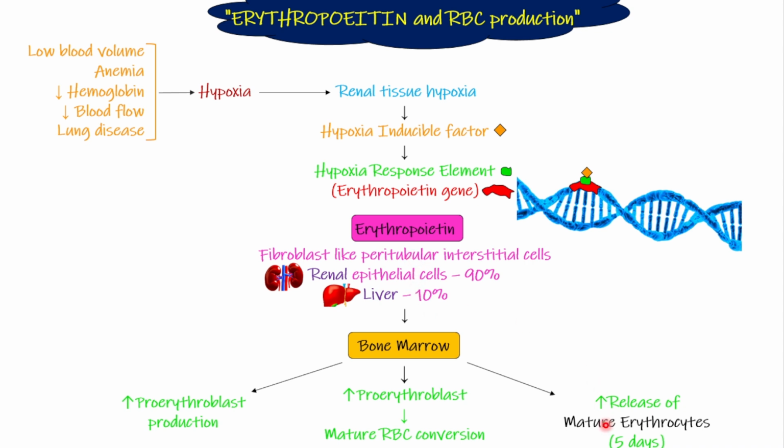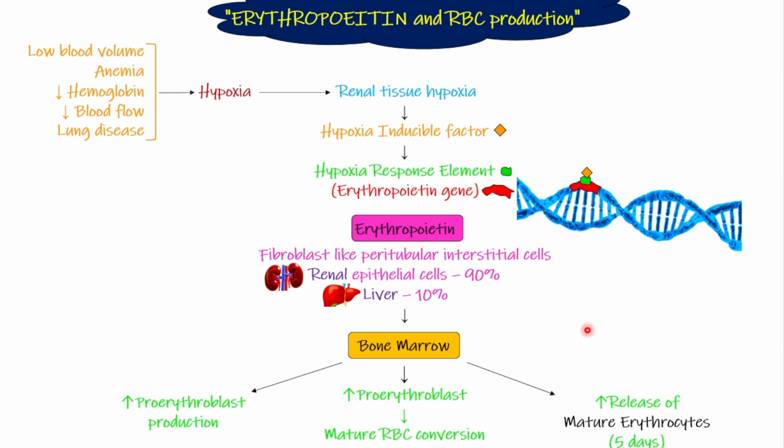Now, how many days will it take from the exposure to hypoxia to the final appearance of mature erythrocytes in the blood? The whole process takes 5 days. After the hypoxia, within a few minutes, hypoxia-inducible factors are produced and the erythropoietin gene gives the response. But the other steps of maturation will take some time, and after 5 days of hypoxia, the mature erythrocytes appear in the blood.